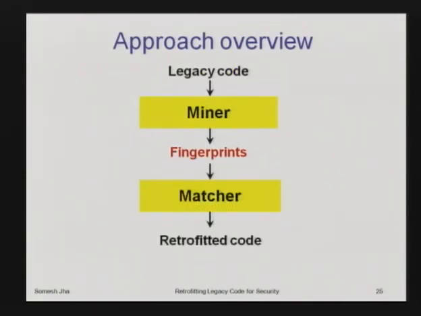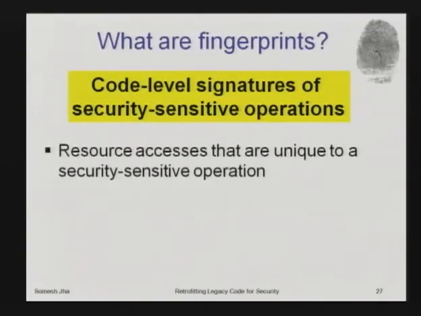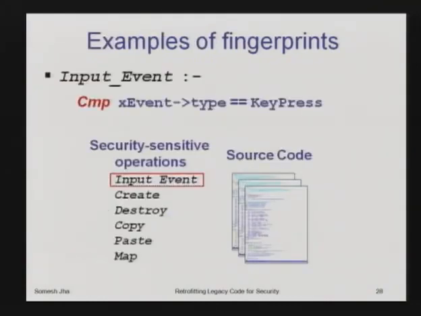This is how it works. You take your legacy code, in this case the X11 server, and run it through our miner. You get some fingerprints, which are essentially code signatures for where to put the hooks, and then the matcher looks at these fingerprints and puts the hooks there. I'll give you an example later. Fingerprints are code-level signatures of security-sensitive operations, and the best thing to do is give you an example.